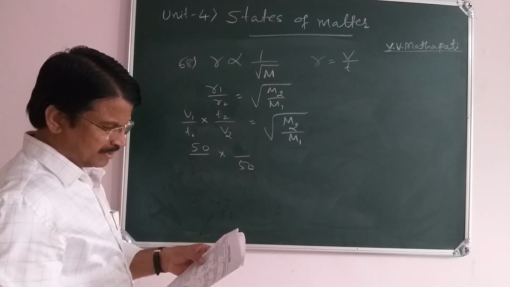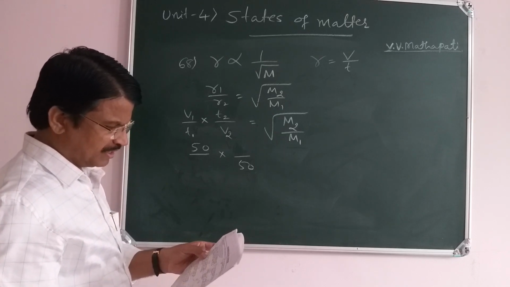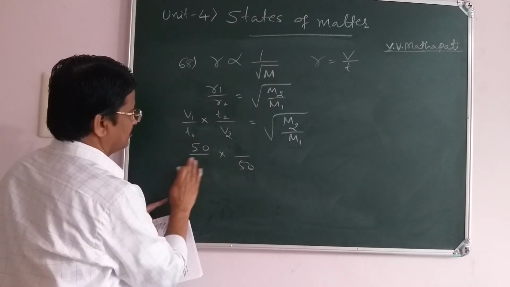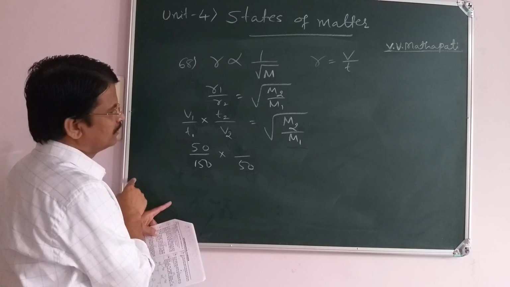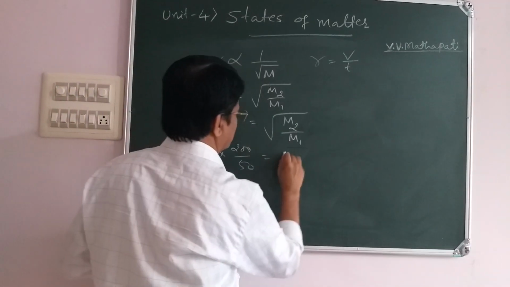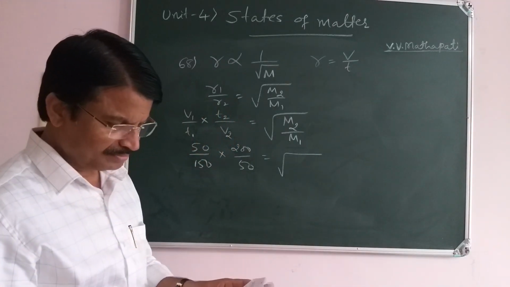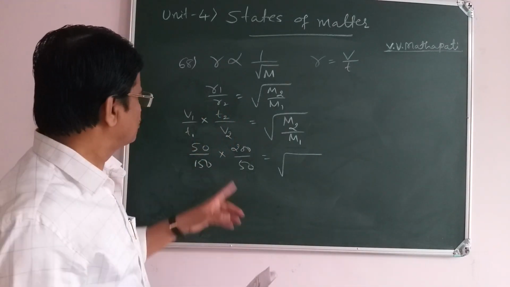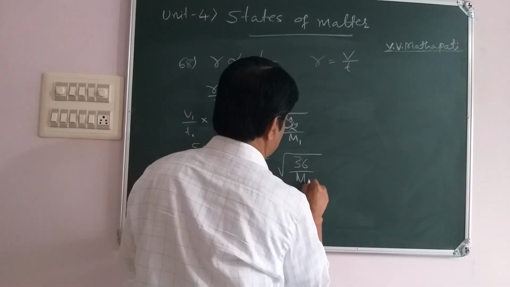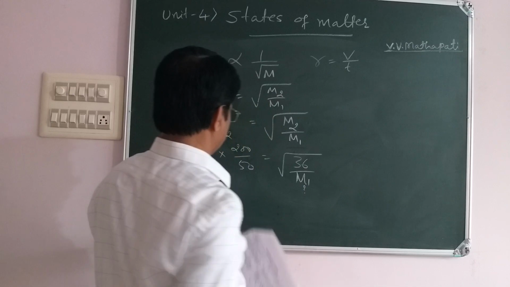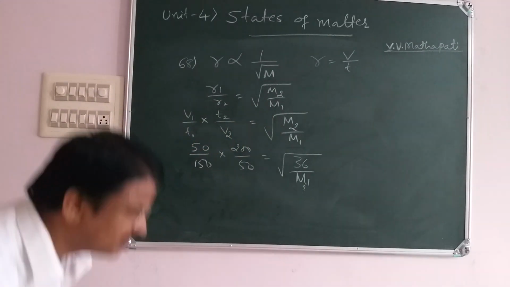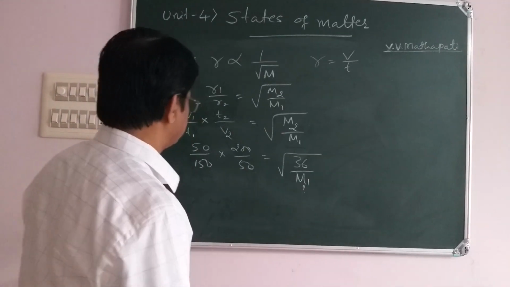They take 150 seconds, T1, and 200 seconds, T2, equal to square root of M2, which is B, 36, by M1. Find out M1 by simplifying this.